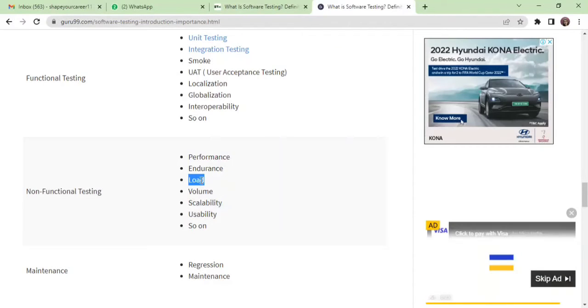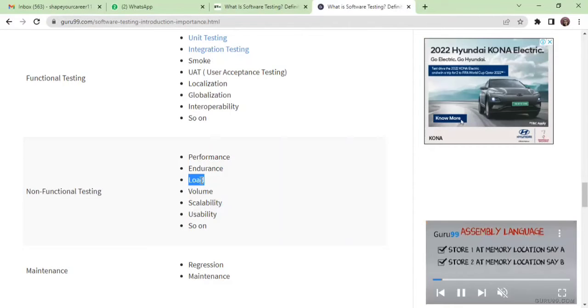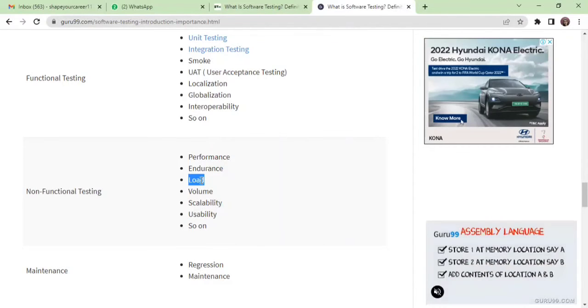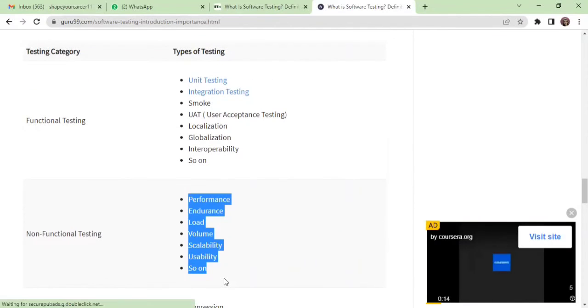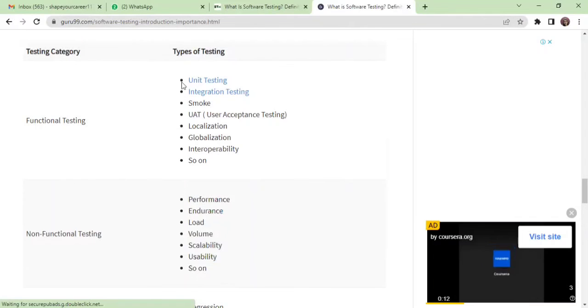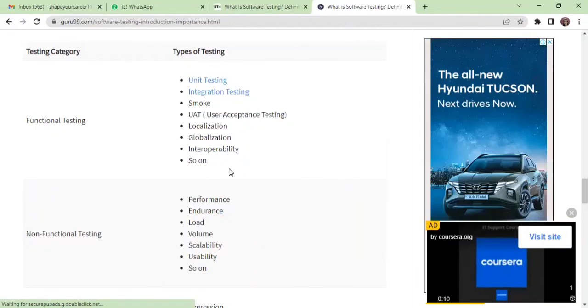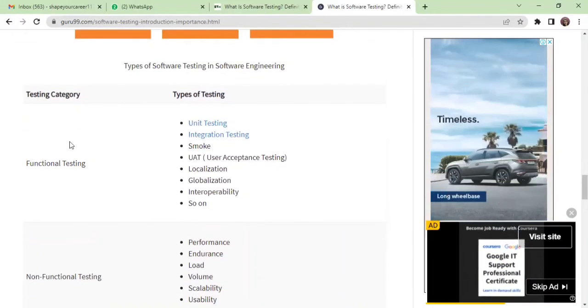Load: how will load come on a particular software when 100 people use it at a time, 500 people use it at a time? It becomes load, volume, right? Usability. So these are purely automation tester profiles, and this can be manual as well as automation testing profiles.